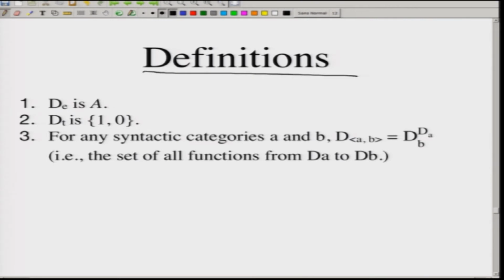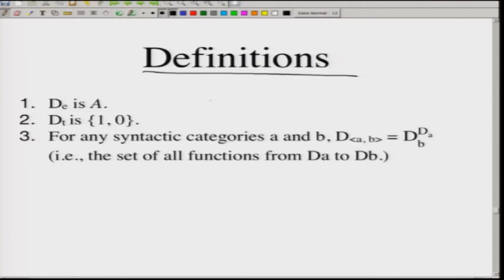We have two basic types, and based on those two we will construct infinite types. What are the types? One is D_e, that is the set of all entities. You know, the set of all entities is actually A, where A is E1 through En.